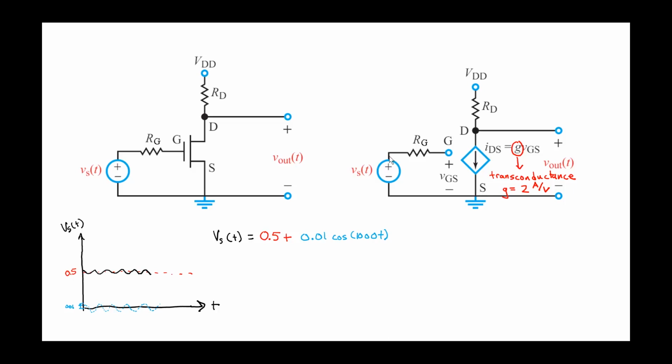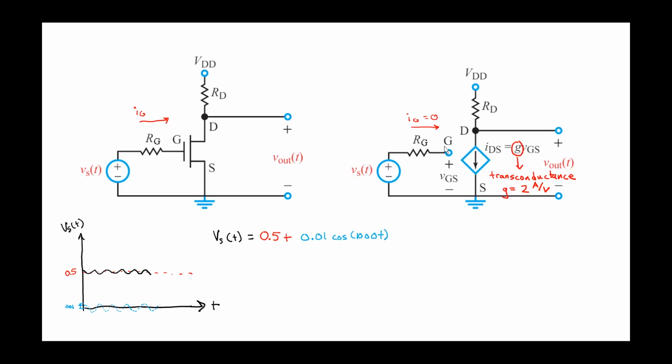The first question on this problem asks you, what is the current entering the gate of the transistor? To answer this, we have to look at the equivalent circuit model, and it should be easy to see that there's an open circuit. There's no path for the current to flow, so Ig equals 0. So that's a freebie. That's the first answer to this problem, that the current entering the gate is 0. Now, think about what that means.